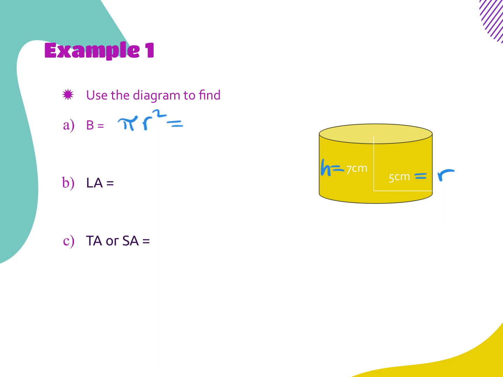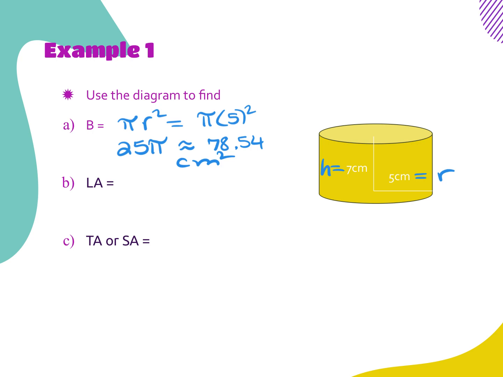So left in terms of pi, pi times 5 squared, 25 pi. If I ask you to round it to the hundredths place, 25 times pi is 78.54, and these are both centimeters squared. So again, just read the instructions, whether or not they want you to leave these answers in terms of pi.